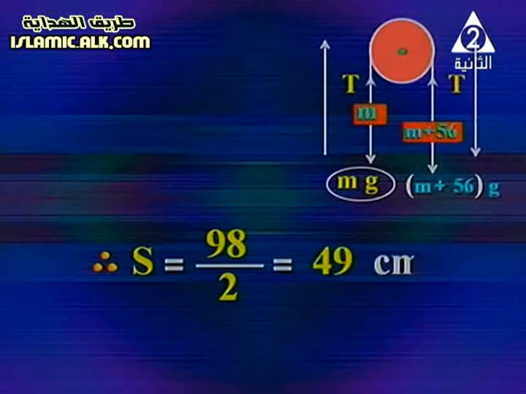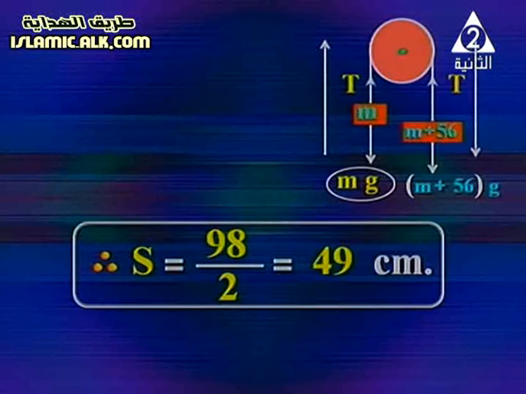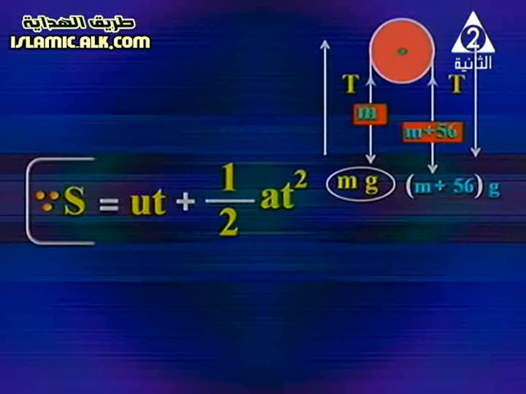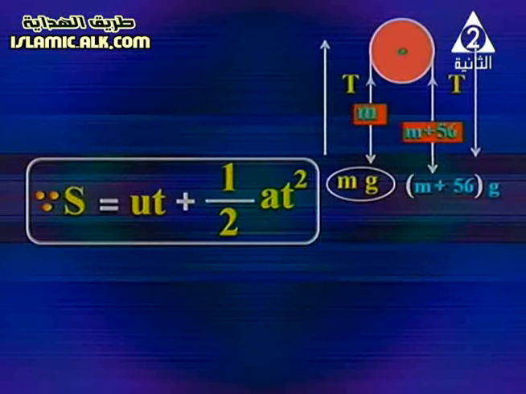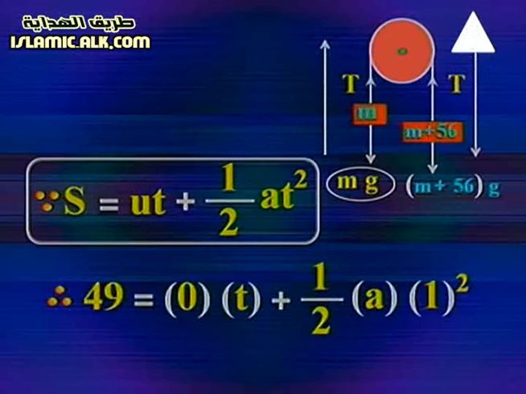Then S equals 98 over 2, equals 49 centimeters. Remember, S equals ut plus half at squared. The distance is divided by 2. Why? Because the distance between them is 2S, divided by 2. Then by substitution S equals 49 and initial velocity equals 0.